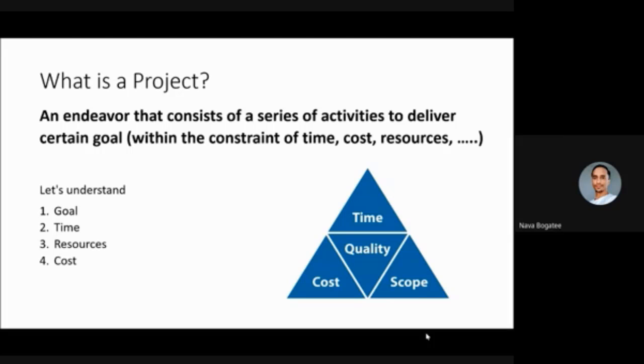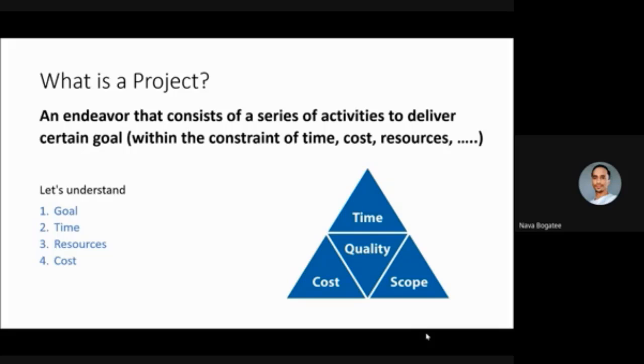Before we work on a project, we need to be very clear on what these constraints mean. Okay? Resources. What are resources? Well, resources can be a constraint. Generally, resources means the infrastructure, the manpower, the administrative cost, and the stationery cost related to a project.